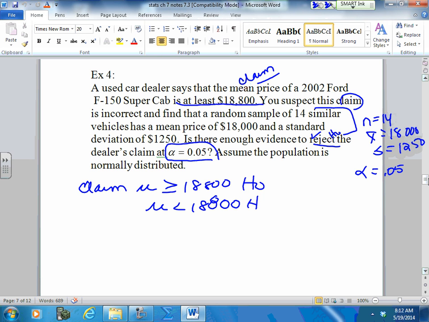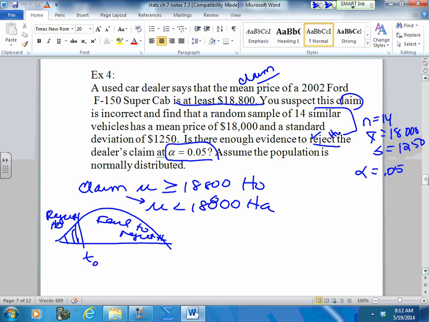So what tail test is this? Yes. Wouldn't the claim be like, less than or equal to? Or wait, no. Oh, never mind. Yeah, think money in your pocket. I got it. Yeah. Okay, so we've got a left tail test. We're going by this side. So this is the reject H0. This is the fail to reject H0.